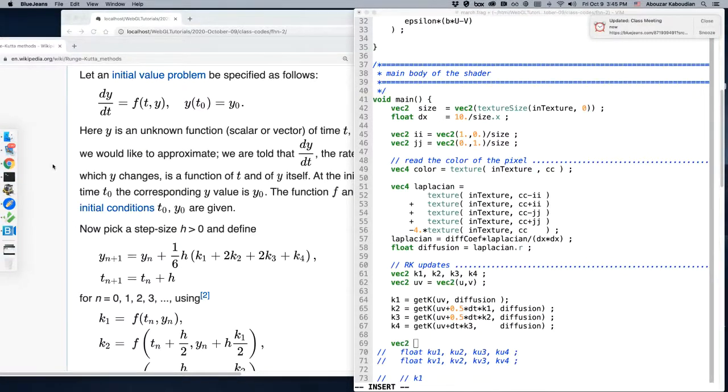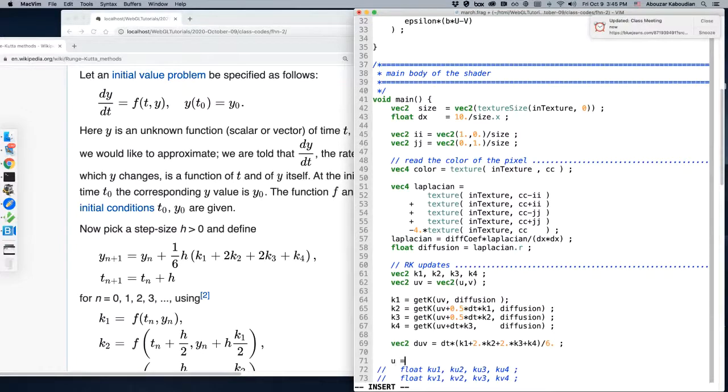So I can say that the change in u and v is delta t times k1 plus 2 times k2 plus 2 times k3 plus k4, divided by 6.